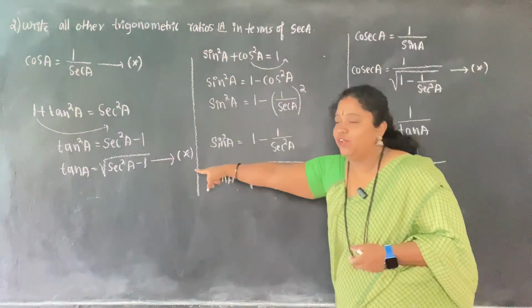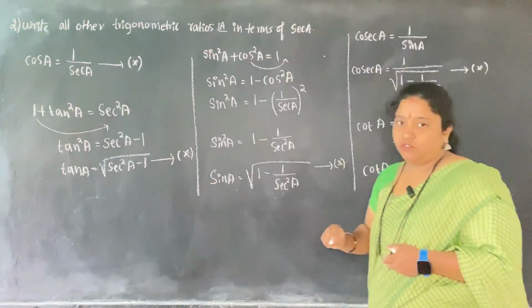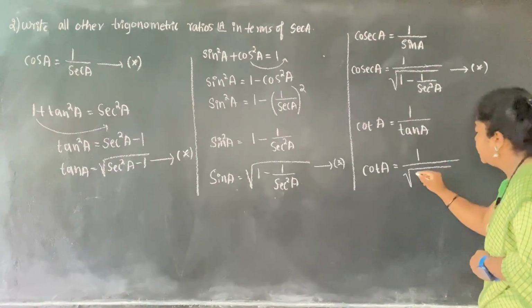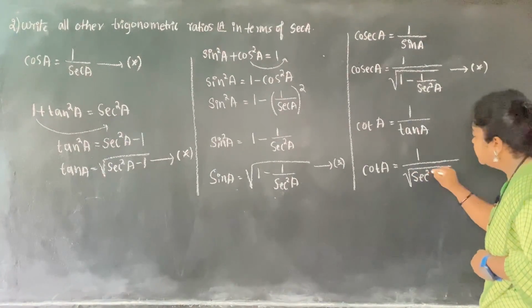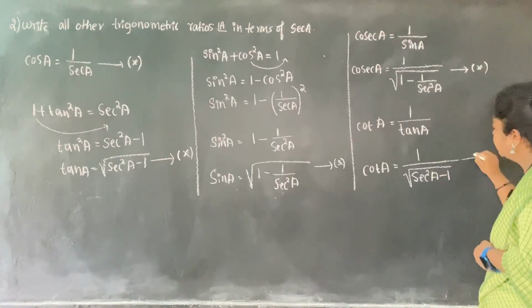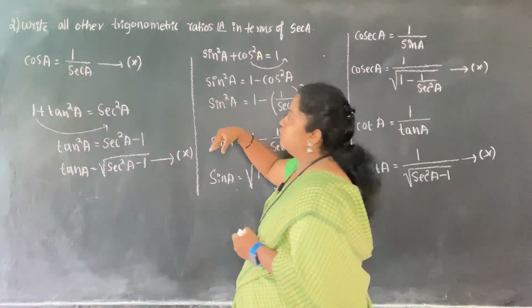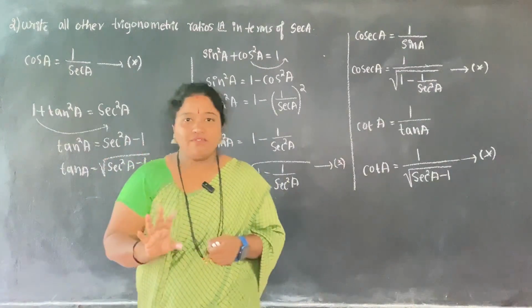What is the tan value? We have root of secant square A minus 1. So it is a direct substitution. Now we have represented all the trigonometric ratios in terms of sec.